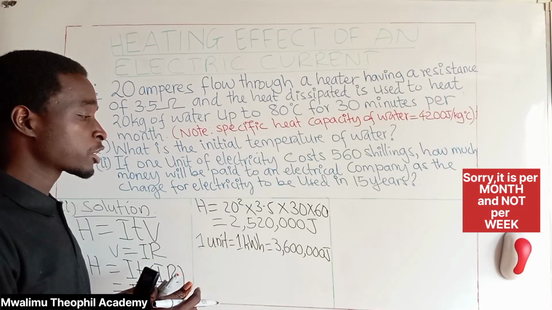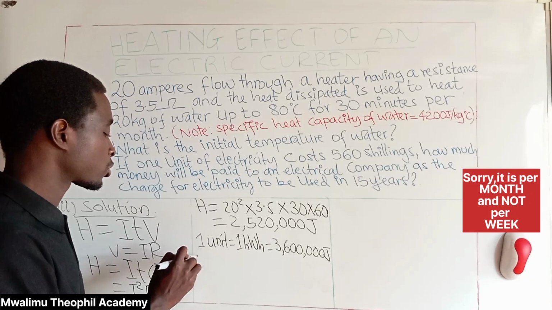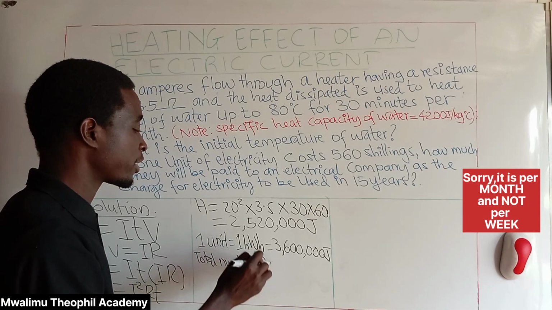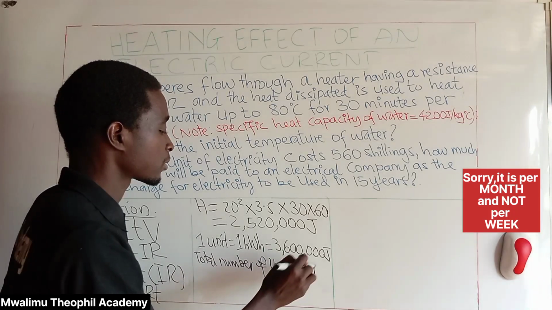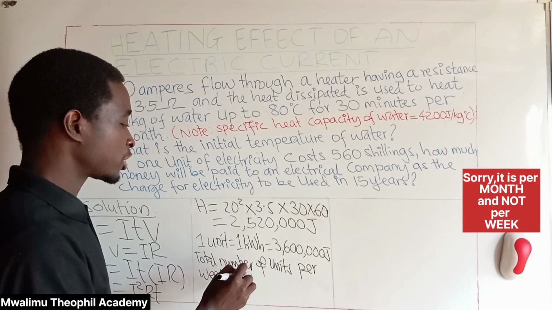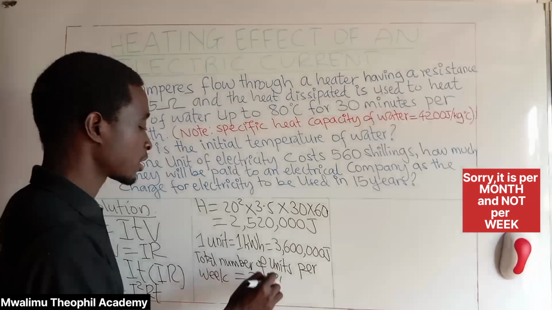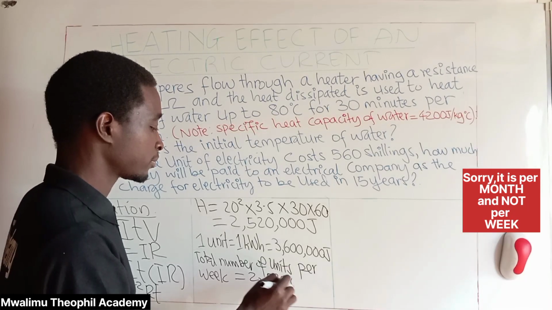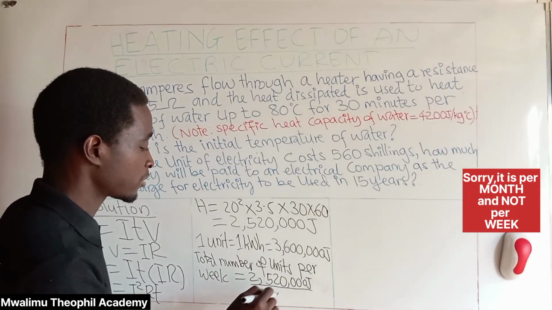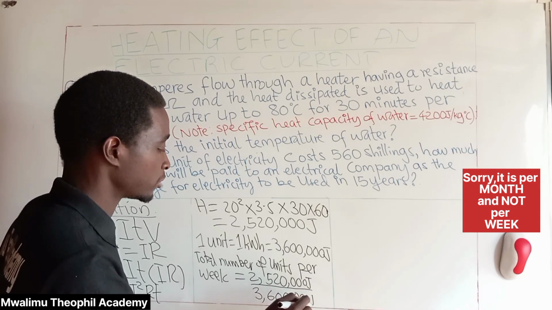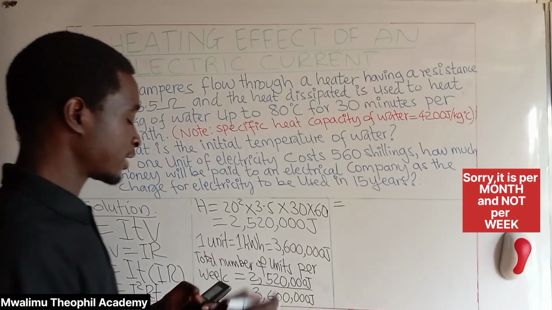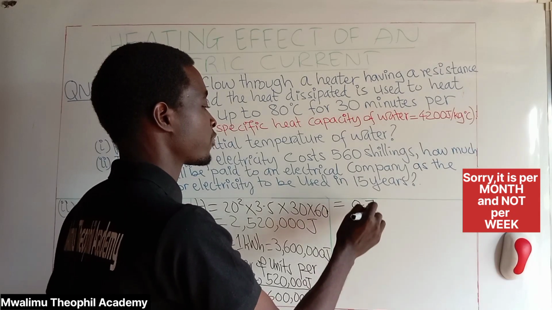So the total number of units used per week will be equal to the total amount of heat energy dissipated, 2,520,000 joules, over 3,600,000 joules. When you divide, you get 0.7 units.